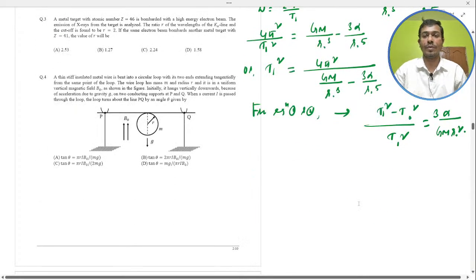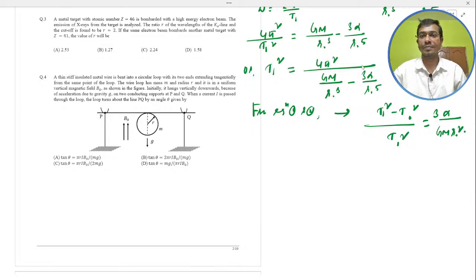Question number 4. A thin insulated metal wire is bent into a circular loop with its two ends extending tangentially from the same point of the loop. The wire loop has mass m and radius r, and is in a uniform vertical magnetic field B0 as shown in the figure.